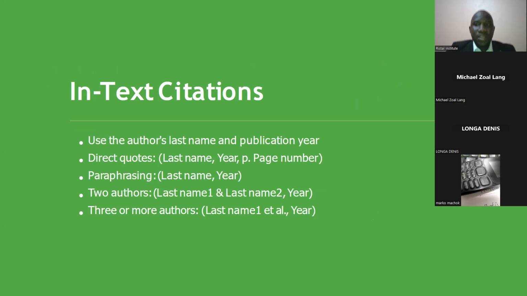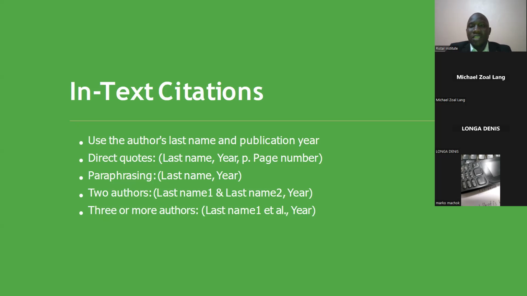So in-text citation means that you are putting the citation in the body of the text. Okay, so for example, according to, let me give you an example. According to the interagency report, including WHO, UNFPA, UN, whatever it is, they have found out that maternal mortality rate in South Sudan is 1,150 deaths, maternal deaths per 100,000 live births.